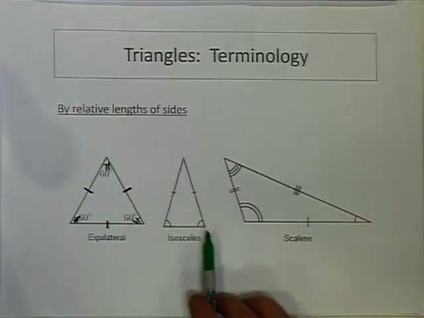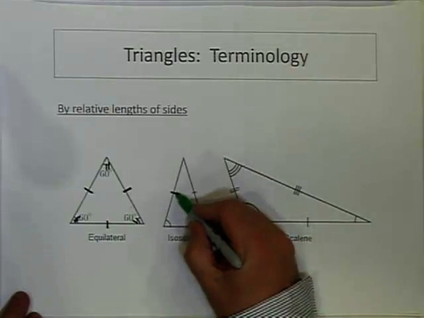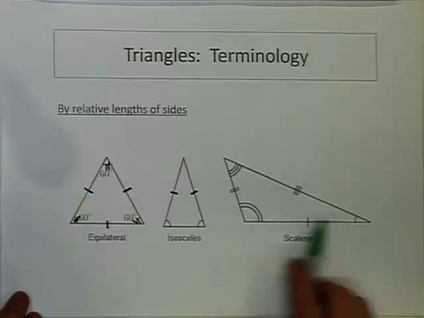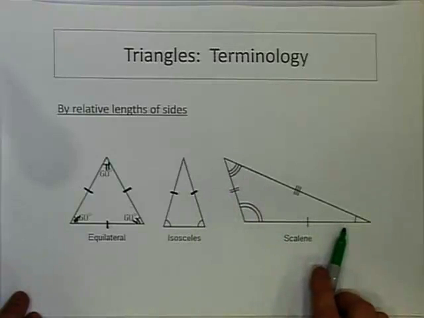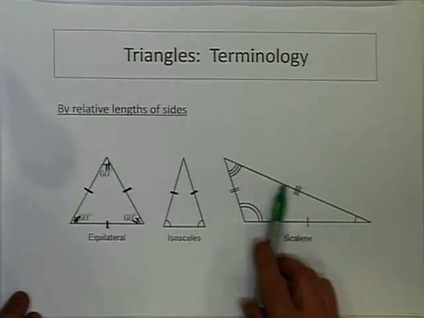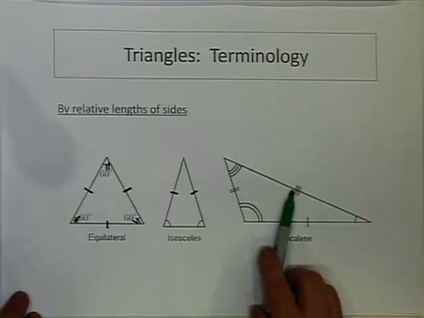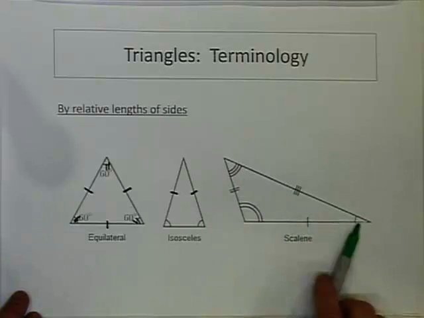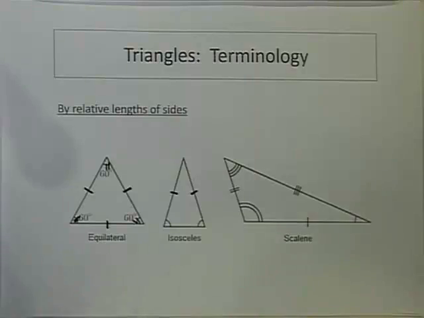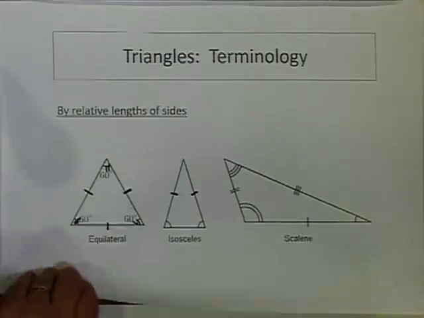An isosceles triangle has two sides the same, marked by the two dashes. And the scalene is different. It's showing that every one of the sides is different, 1, 2, and 3. And every one of the angles is different, 1, 2, and 3. So there's nothing there that's common.